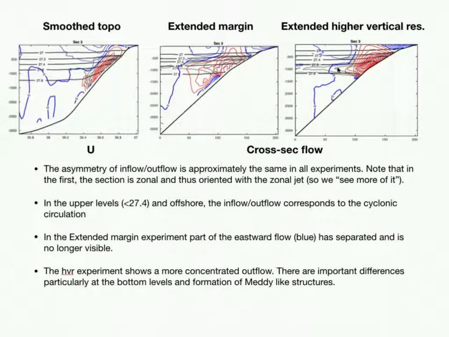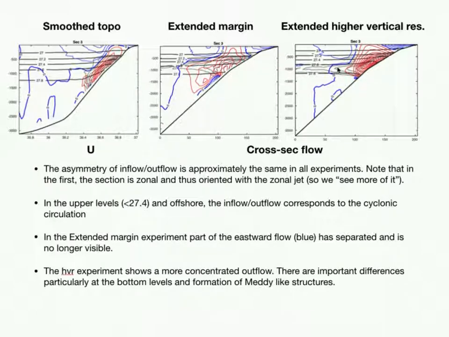In any case, we see some clear cyclonic circulation at the surface, and we also see some significant differences between the extended margin and the extended margin with high vertical resolution.